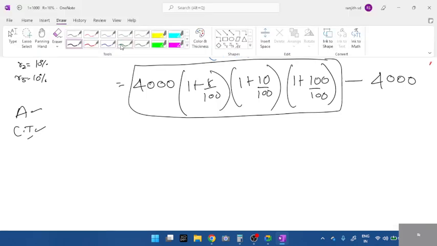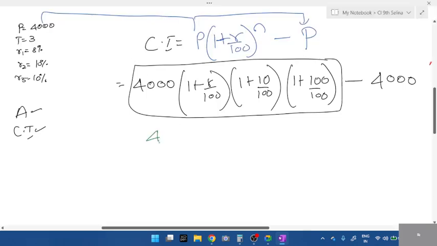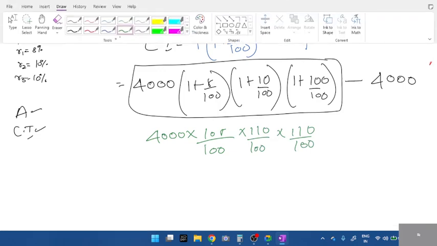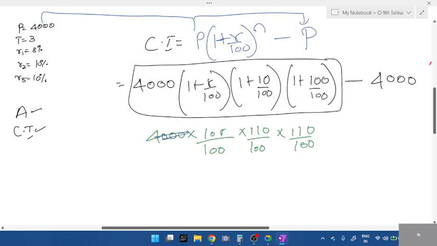Can you all respond? 4,000 into 108 divided by 100, 110 divided by 100, next. How many zeros get cancelled? Can you all tell me? 3 zeros here. Next, this one and this one, and also another 0. So in the denominator we have 10.